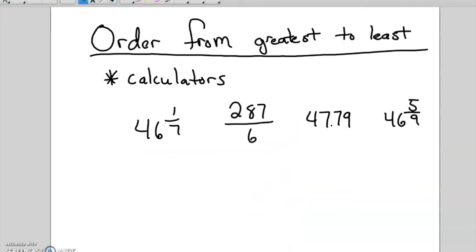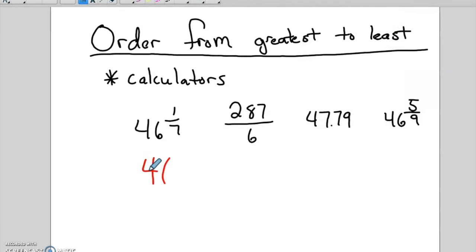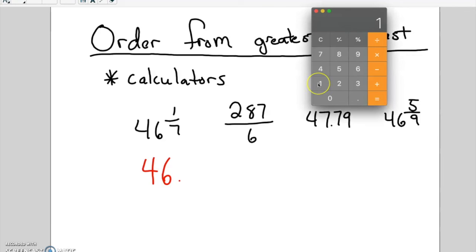All right, this one you can use a calculator. So how are we going to do this? Okay, so here's my calculator. So we have 46 point, we do 1 divided by 7 equals, oh, well that's a big number, isn't it?